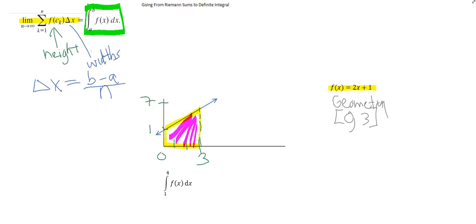And the area would be all this in here. So let's calculate that just using geometry. We don't really have to use Riemann sums because it is a solid geometric shape. So the area of the trapezoid is equal to 1/2 the base 1 plus the base 2 times the height.